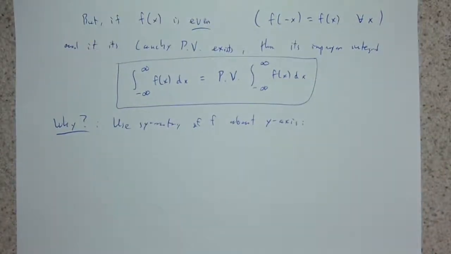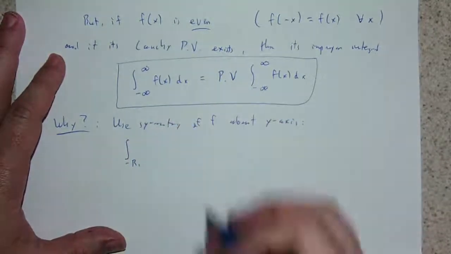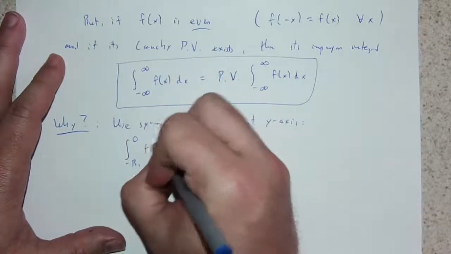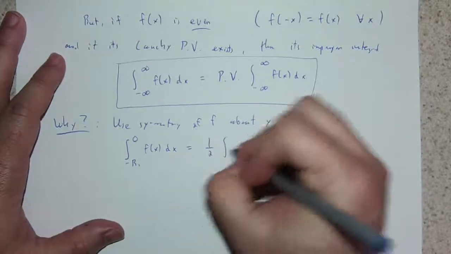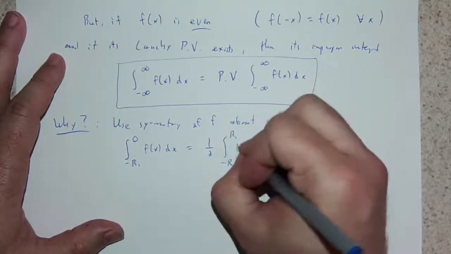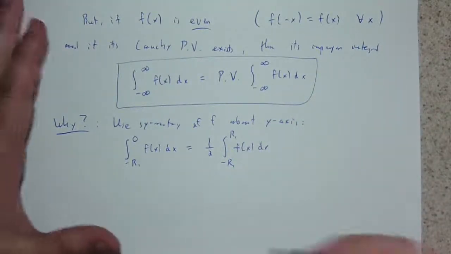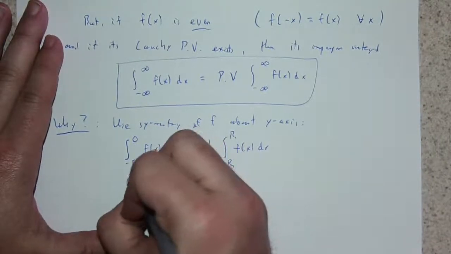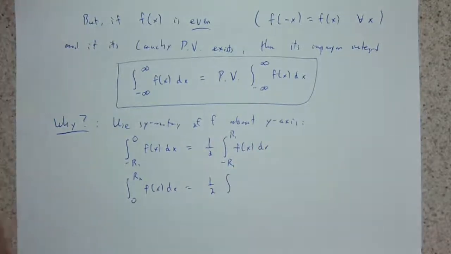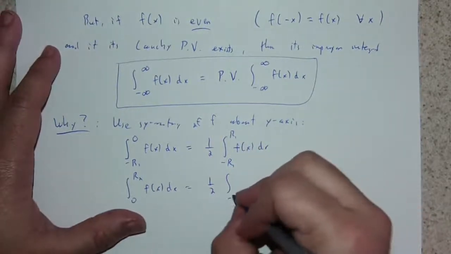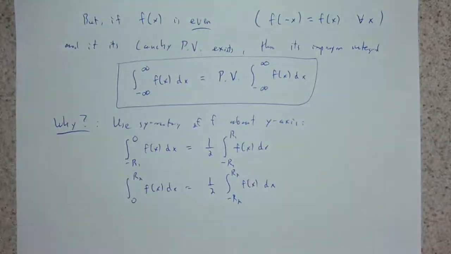If I use this symmetry, then if I compute the integral, say from minus r sub 1 to 0 of f of x dx, this is the same thing as half of the integral from minus r sub 1 to r sub 1 of f of x dx, right? Similarly, the integral from 0 to r sub 2 of f of x dx is equal to 1/2 of the integral from minus r sub 2 to r sub 2 of f of x dx.